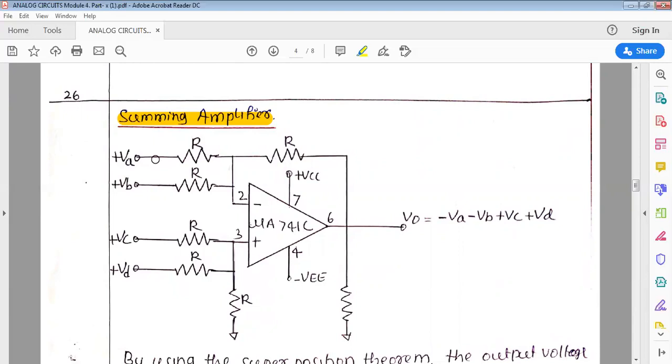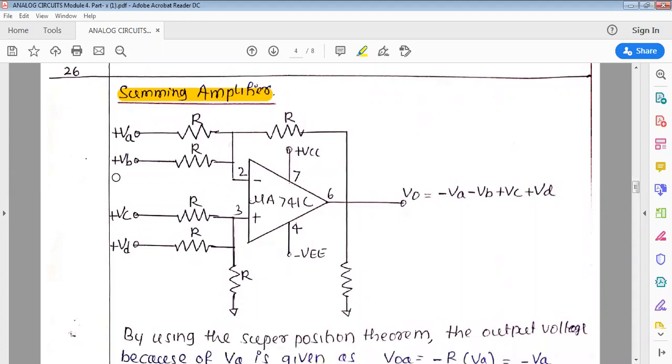But here it is a differential configuration, so I will be applying inputs to the inverting as well as the non-inverting input terminal. So what I'm doing here, there are four supplies considered: plus VA, plus VB, plus VC and plus VD.